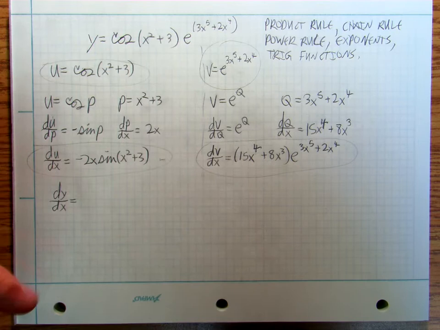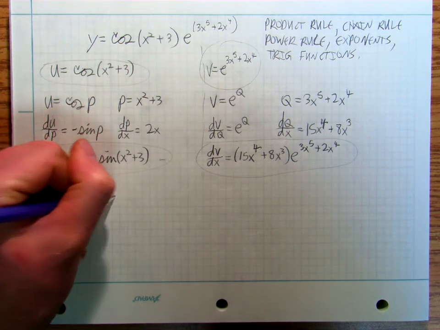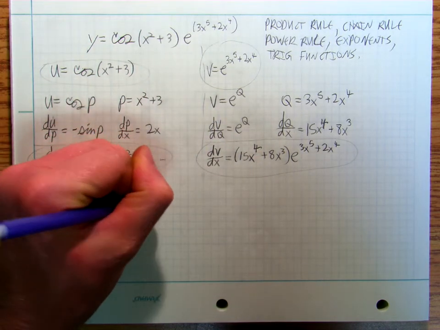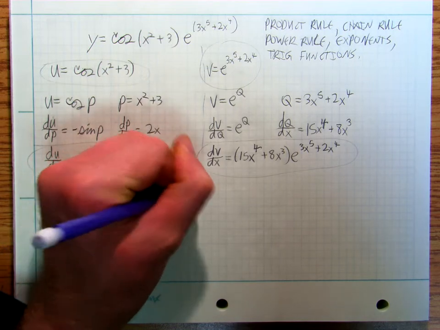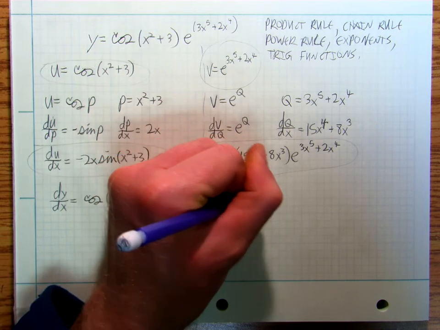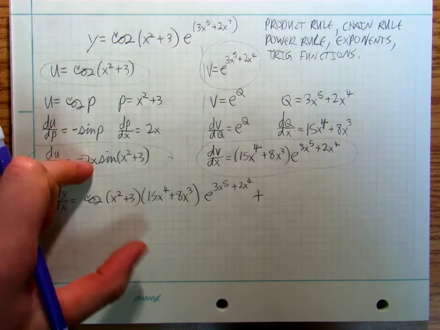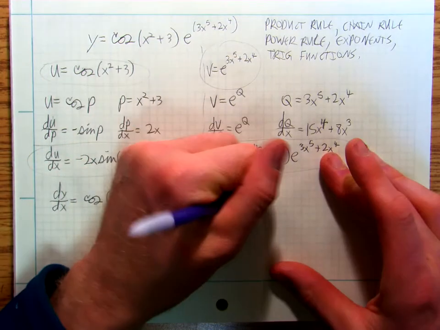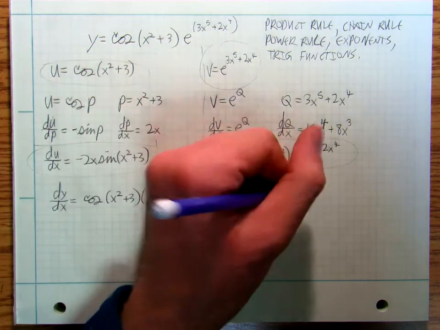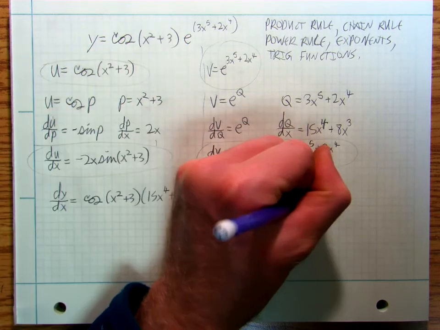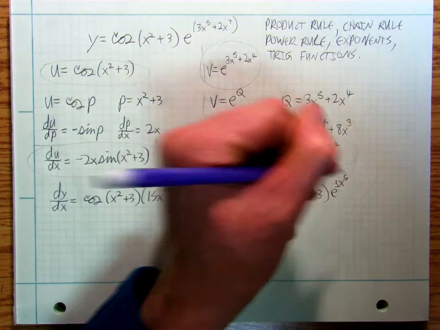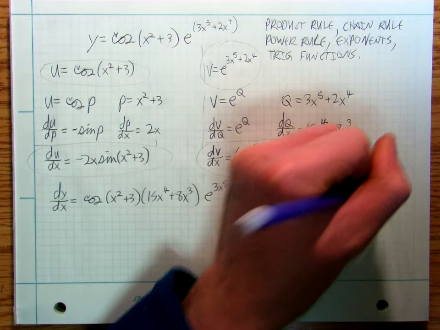So I'm going to write it as cosine of x squared plus 3 times 15x to the fourth plus 8x cubed times e to the 3x to the fifth plus 2x to the fourth, plus, there's a minus right there, minus 2x sine of x squared plus 3 times e to the 3x to the fifth plus 2x to the fourth.